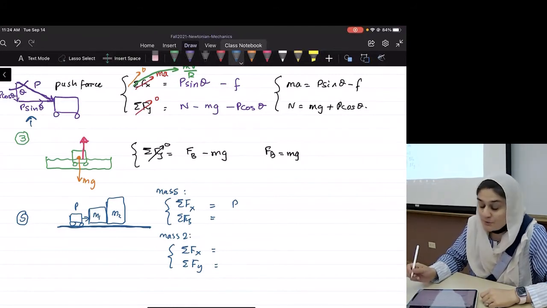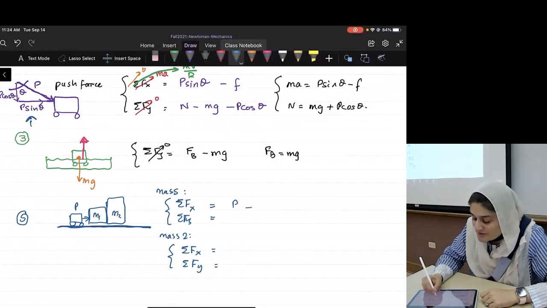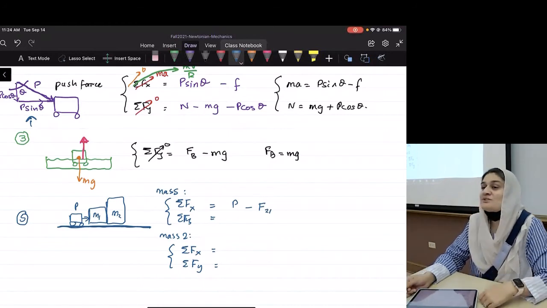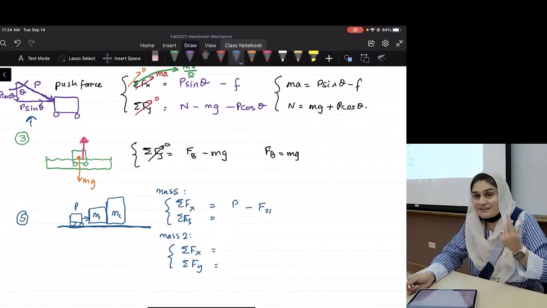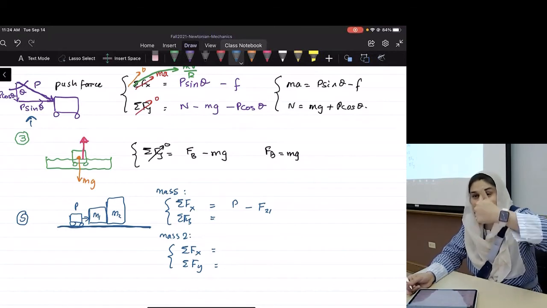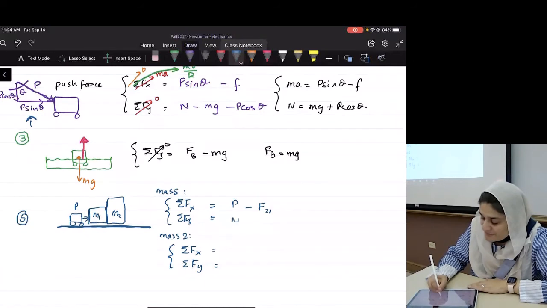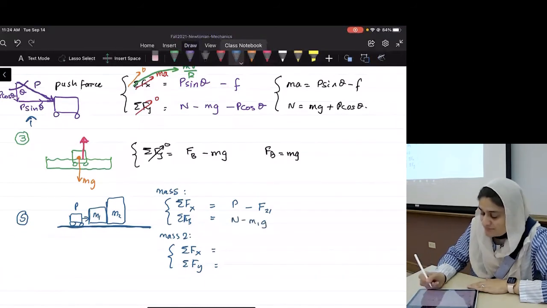Correct? So that means it is experiencing F21 from mass 2. Just like when you stand on the scale, what the scale is reading is how much it has to push you. Okay? And then sigma Fy will just be N minus M1 g.